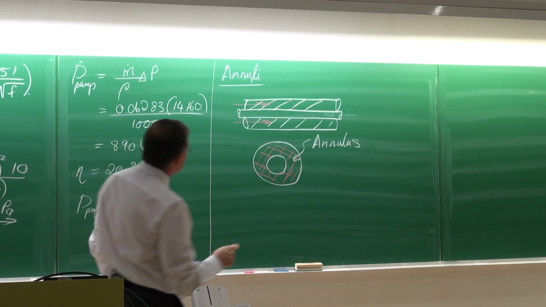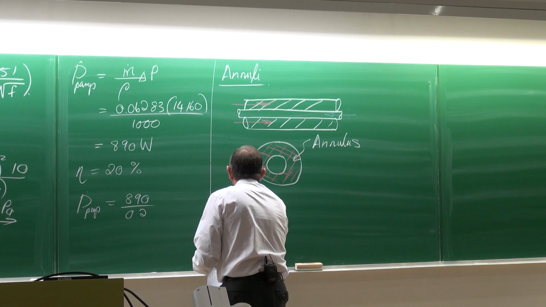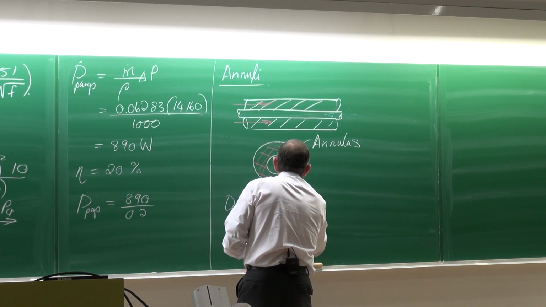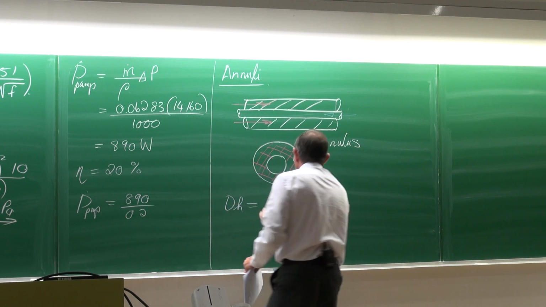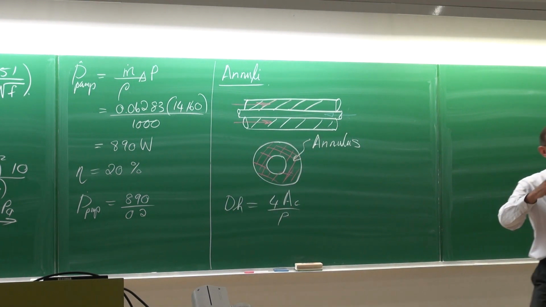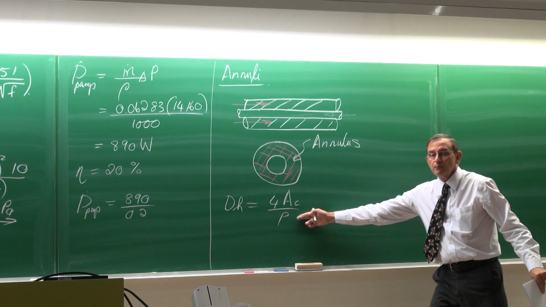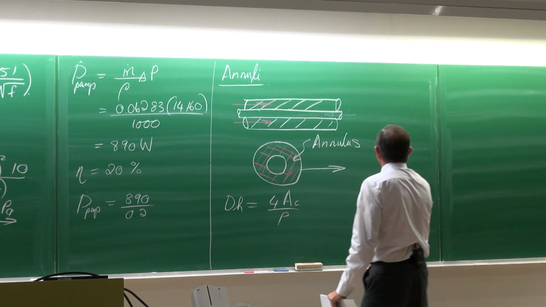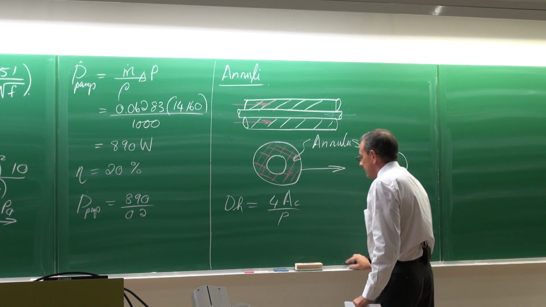Now, what do we do when we get an annulus? Well, one of the first things that we can do is take this annulus and make use of the hydraulic diameter principle, 4 times the cross-sectional area divided by the wetted perimeter. And then we treat it as if it is a tube like this.